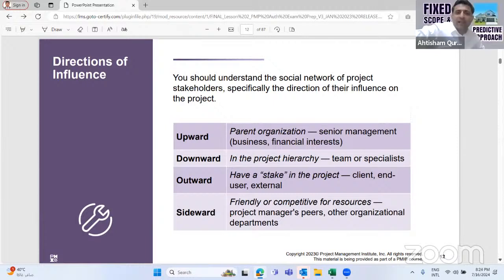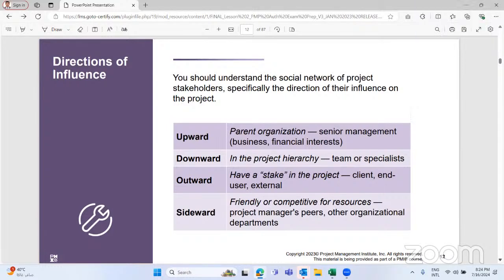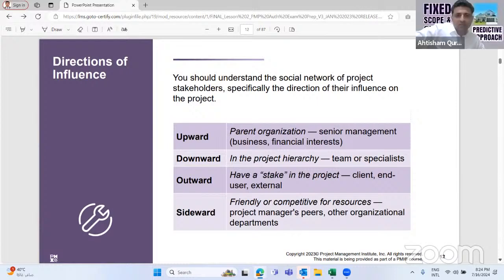A team member who is technical, a subject matter expert with some special skills, could have influence on the downward people, the people who work on the activities. Make sense?